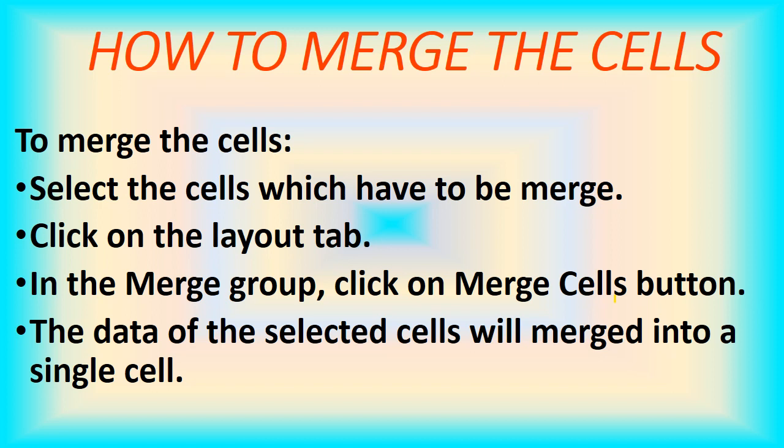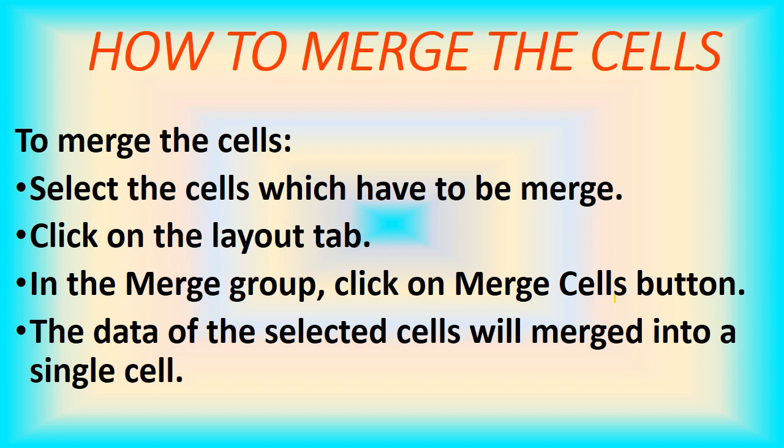Now we will see how we can merge the cells. To merge the cells, first of all we will select those cells which we have to merge. Then we will click on the layout tab. You know where the layout tab is? The layout tab is on the right side of the tabs.